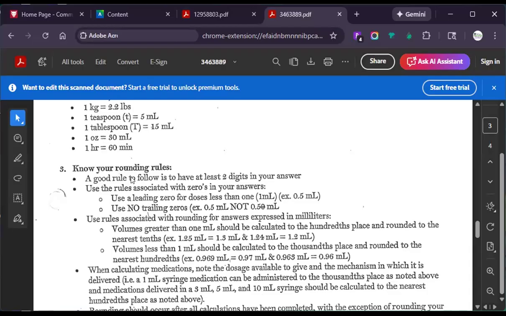So when you go from milligrams to grams or micrograms to milligrams, grams to milligrams, you don't round your answers. You just leave it at whatever it is. Okay. So that's the one exception to the typical rounding that we'll be discussing throughout these reviews.